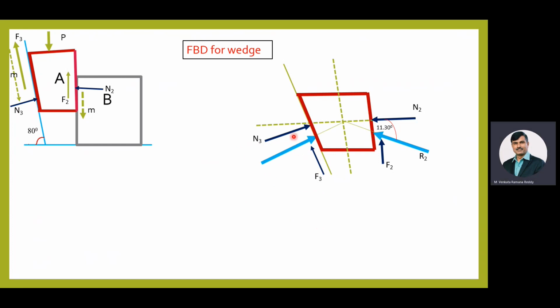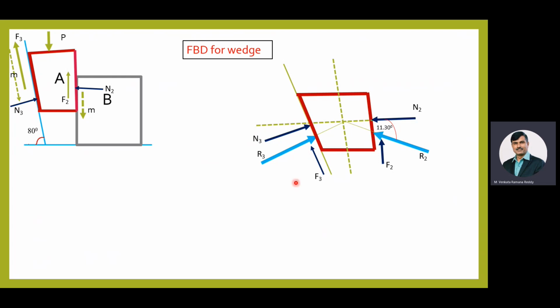Here, the angle of friction is calculated earlier, which is equal to 11.30 degrees, and angle made by the wedge is 10 degrees with this horizontal. The angle of friction is in between resultant force as well as normal reaction, and normal reaction with this horizontal line is nothing but wedge angle.